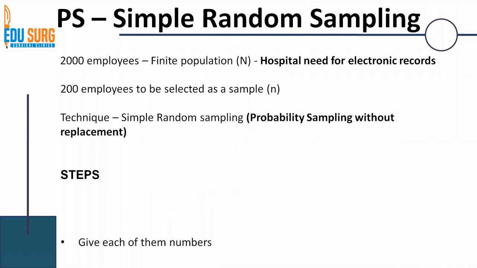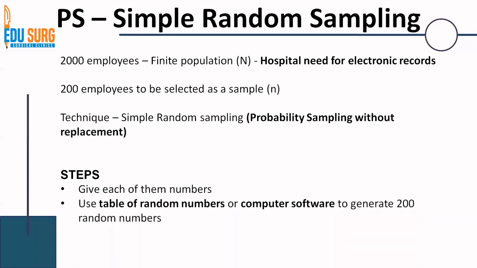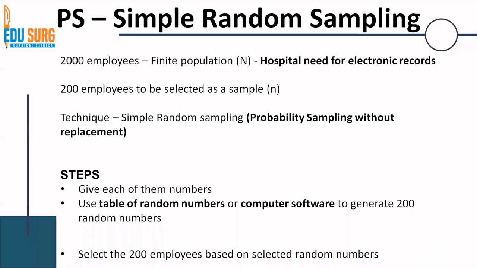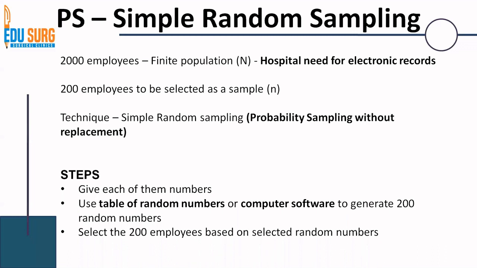So what are the steps here? It's very simple. Give each employee a number. Then you can use a table of random numbers or computer software, which is now available, to generate 200 random numbers. Compare the numbers that you have selected to the numbers that you have given to the employees and select your 200 employees based on the selected random numbers.